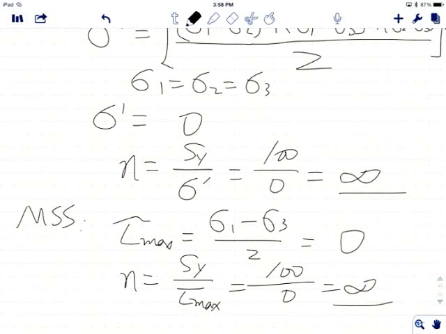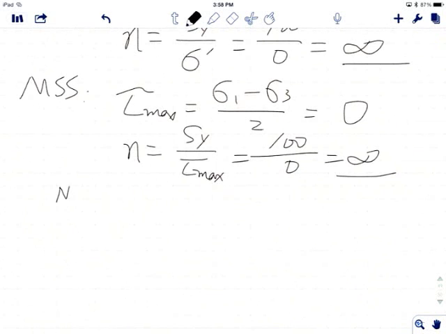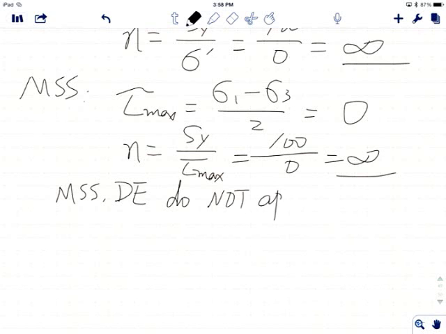So what does this case E tell us? They do not apply here, right?